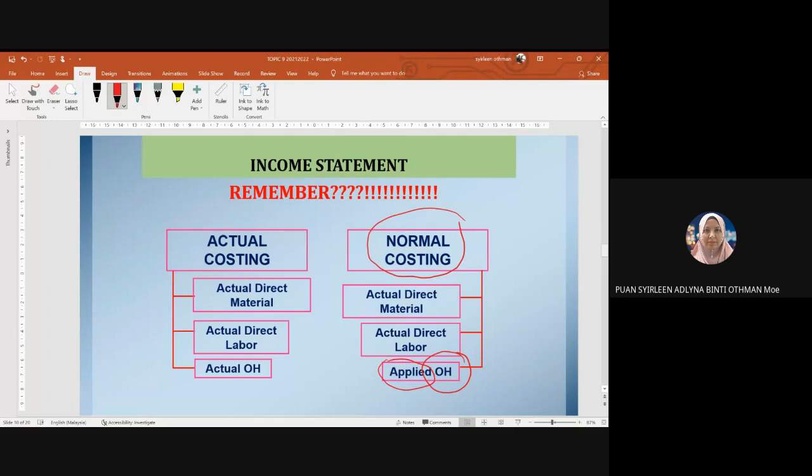Sebab kita punya costing system is still under normal costing system. Okay, samalah start daripada topic 5 when you learn about applied MOH. So automatically kita faham apa tujuan kita guna applied MOH dalam pengiraan kos seunit produk.